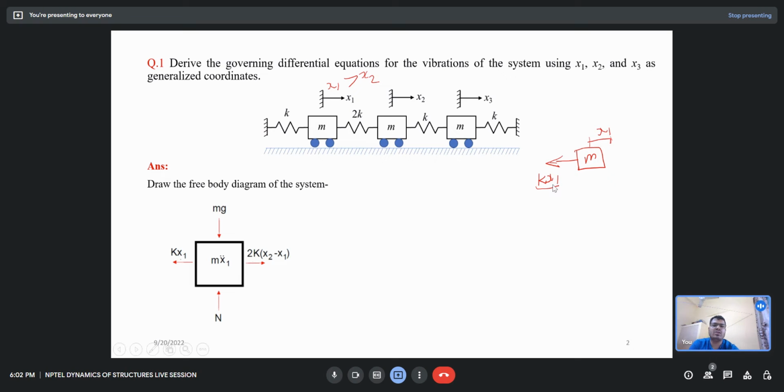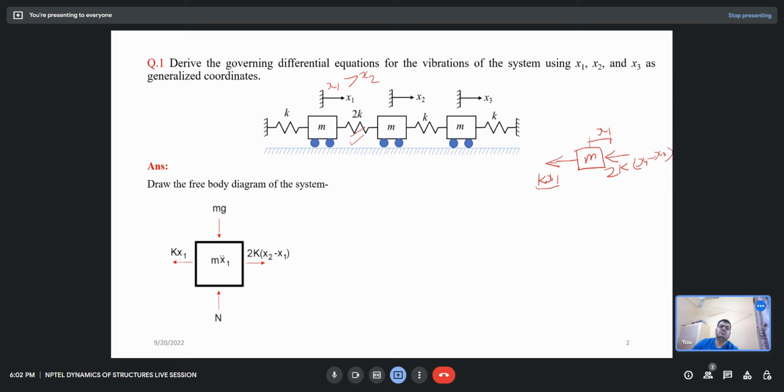Another force is applied through the spring 2k. That force will be 2k into the relative displacement, which is x1 minus x2.